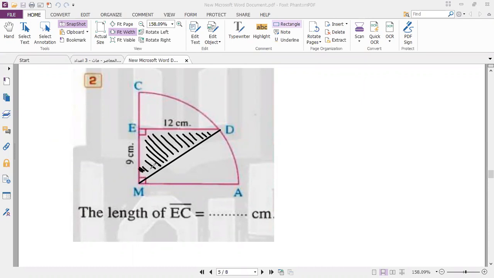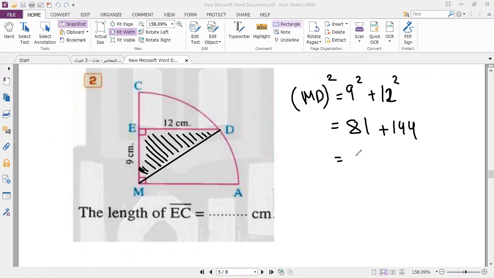So we can use Pythagoras to find the length of MD. So MD to the power of 2 equals 9 to the power of 2 plus 12 to the power of 2. And 9 to the power of 2 is 81 plus 12 to the power of 2 is 144. That is going to be 225. So the length of MD is the square root of 225, which equals 15.